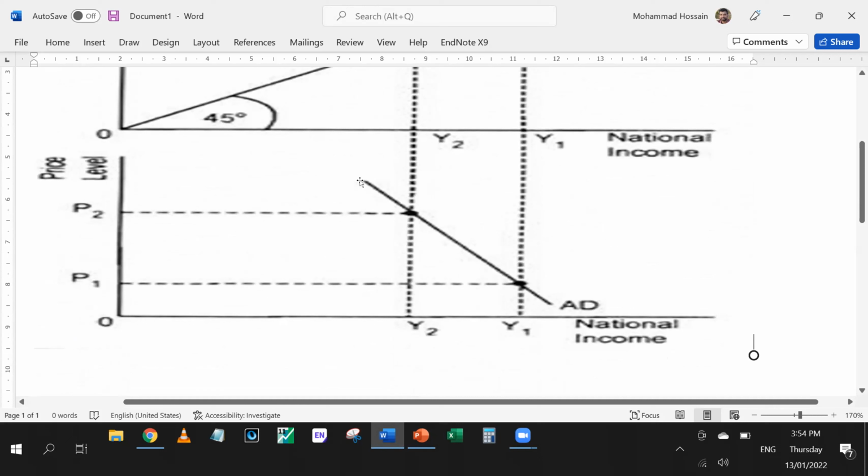See this line here, this is inversely related. When the price level goes high, the national income will be dropping. This is known as the real GDP. When the price level goes high, the real GDP will be falling.